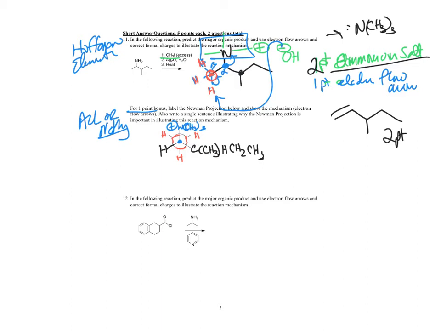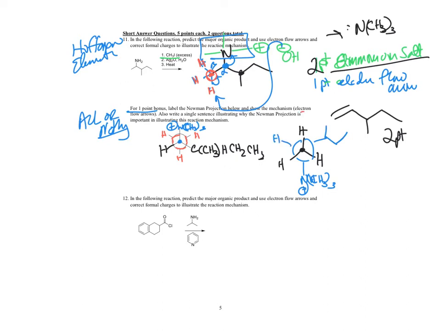If you did it the other way around, it would look like all your hydrogens there, and then on the back you would have your ammonium salt there, and then the ring would be coming off here.